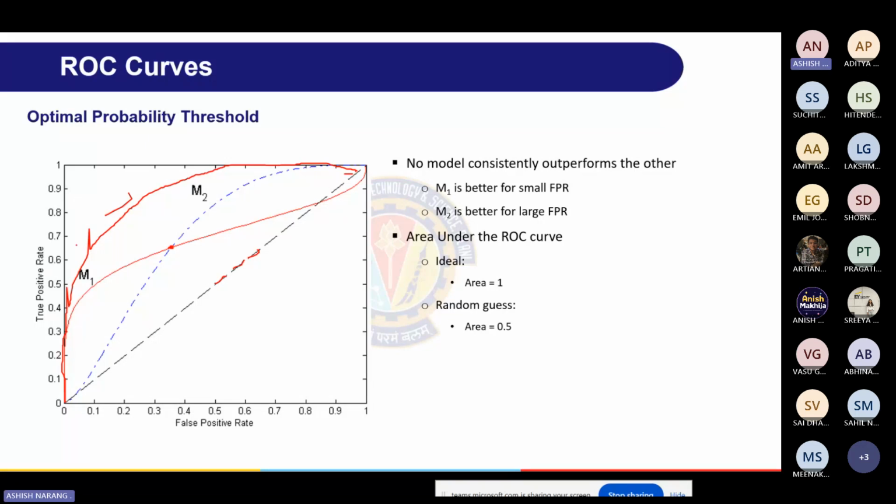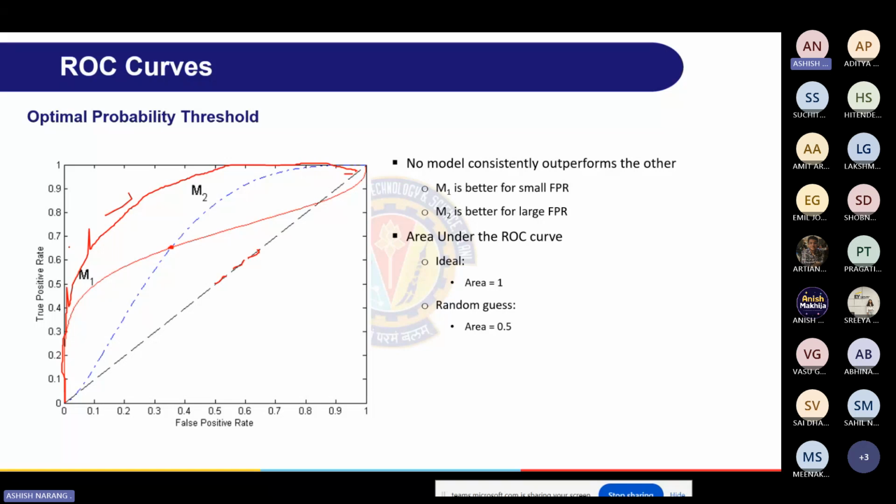We don't want unnecessary panic among healthy patients, so we don't want the false positive to be high. We want it to be small, because the patient does not actually have the disease, but the model says you have it. It will create unnecessary panic. So in such cases, we will prefer M1 if I have to choose between M1 and M2, because I want to minimize the false positive.